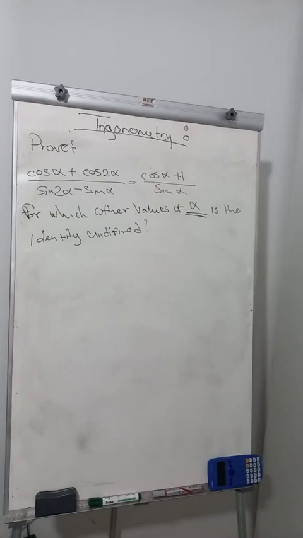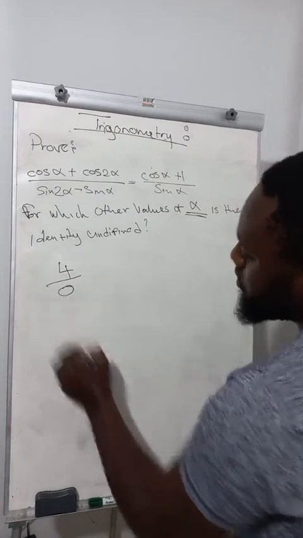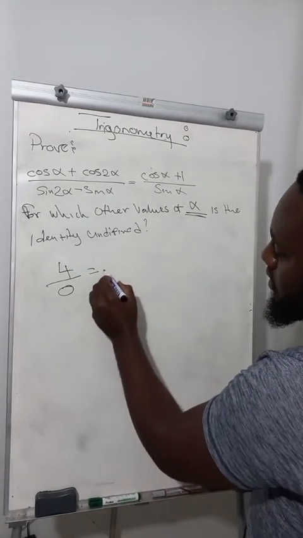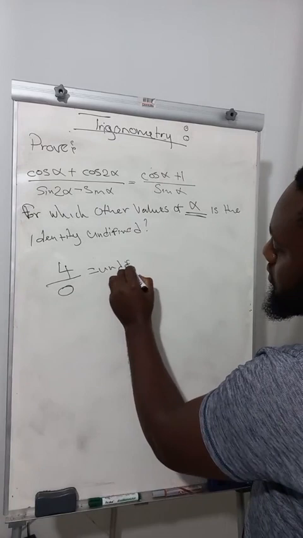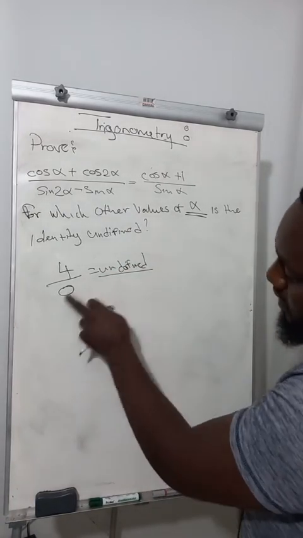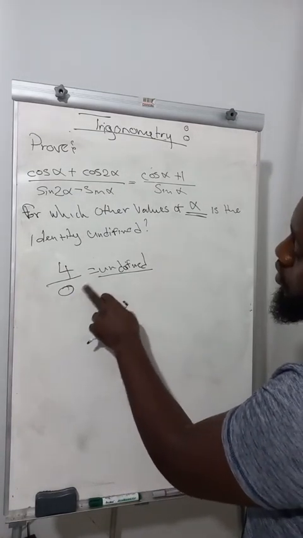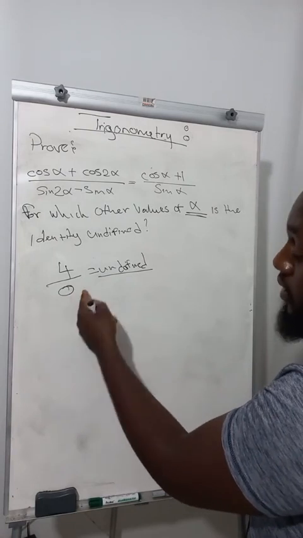Which values will make the identity undefined? It's like saying, let's say, what is 4 divided by 0? You'll see that it's undefined. Why is it undefined? It's just because the denominator is equal to 0.